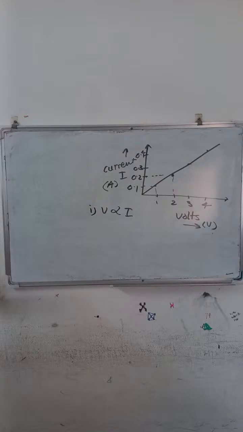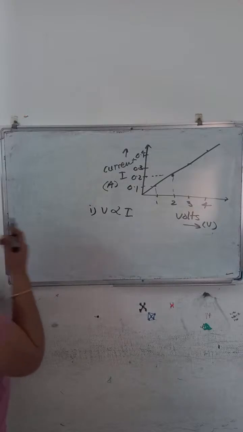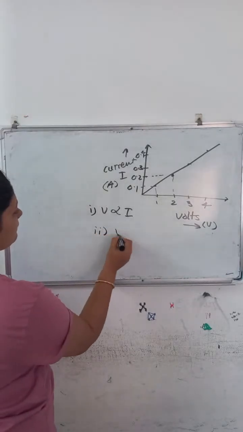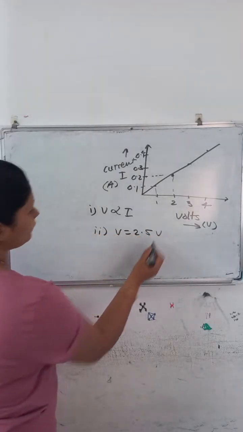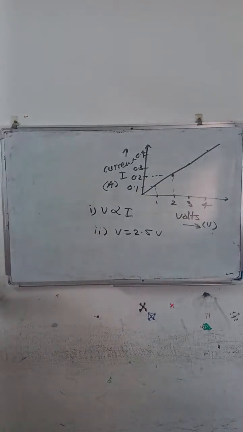Now the second part asks: find the current that flows through the resistor when the potential difference across it is 2.5 volt. We have to calculate the current for this.